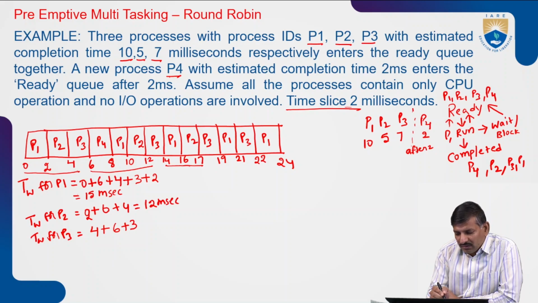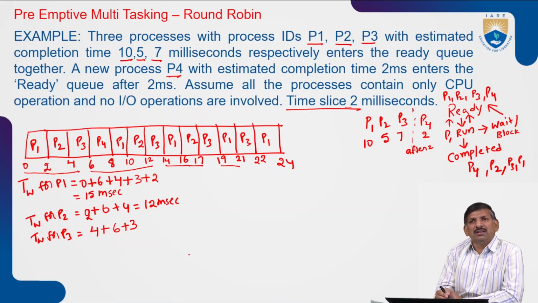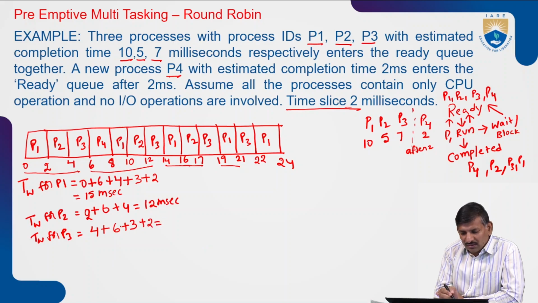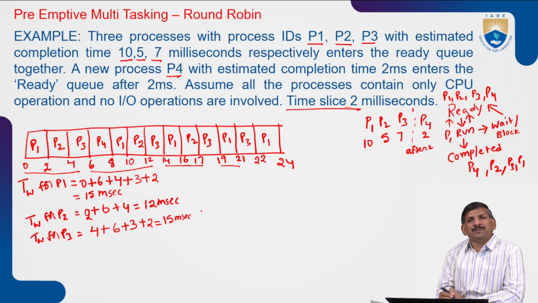Again at the 19th millisecond it enters the ready state and it is waiting up to the 21st millisecond. Means plus 2 milliseconds. Totally 15 milliseconds is waiting in the ready state.